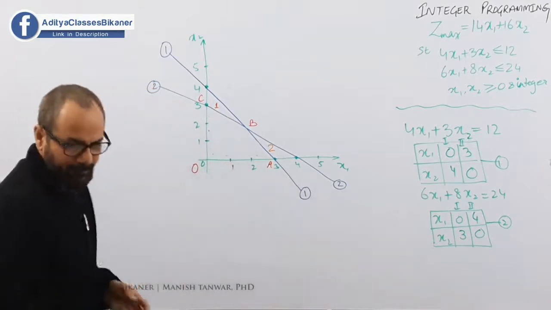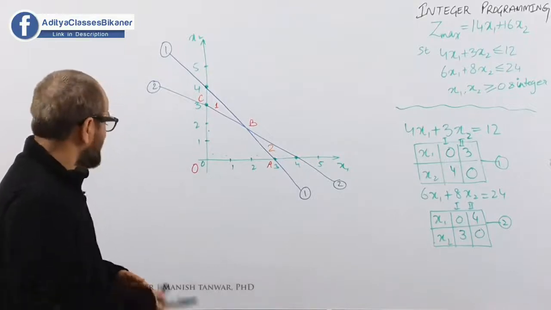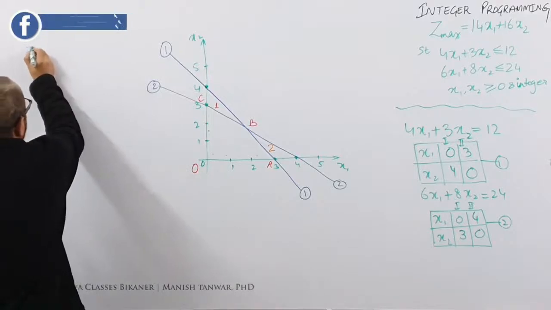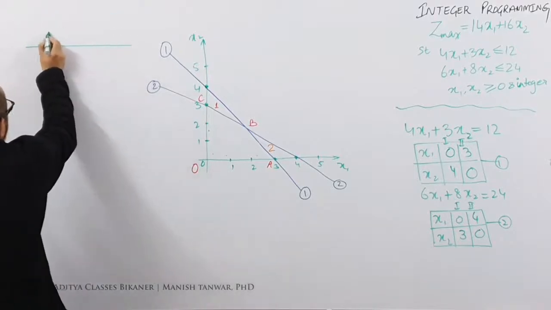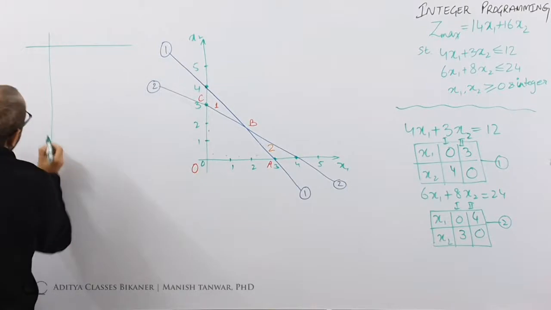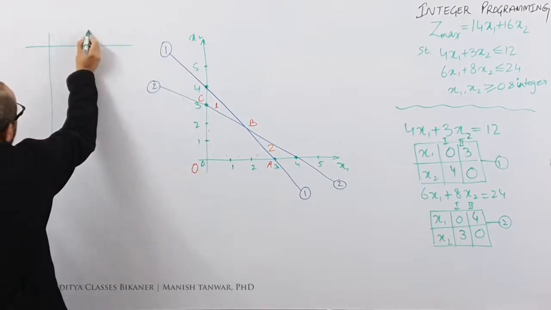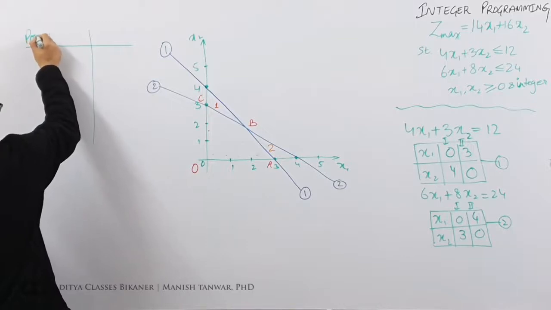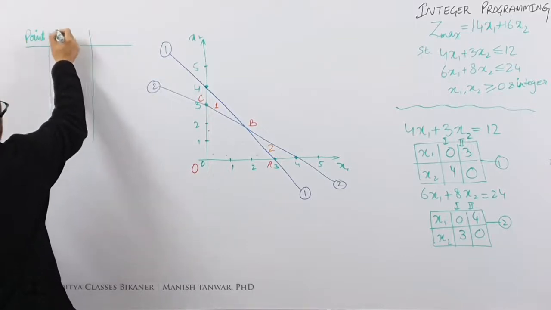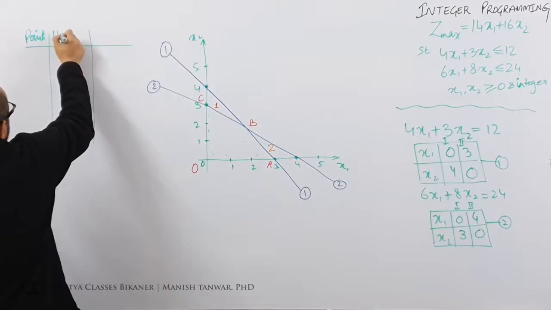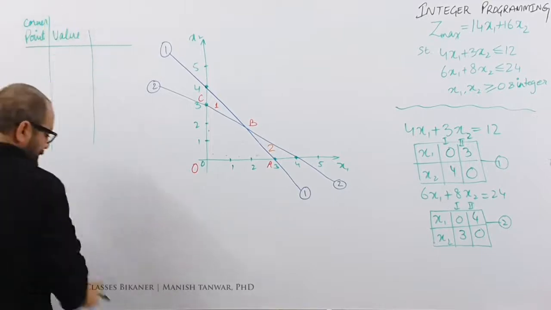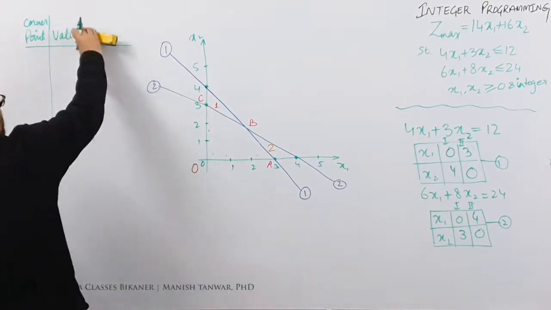Now, let me have the corner point, you can call it the value or coordinates.